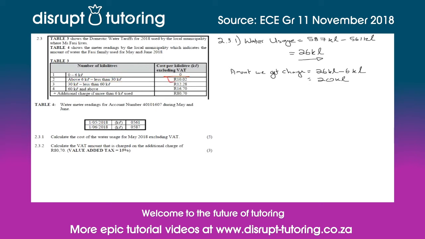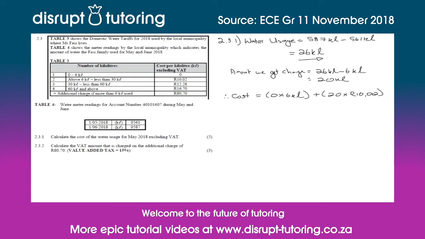That means we need to multiply the number of kiloliters used by 10 Rand and 2 cents to get its total cost. So our cost is equal to 0 times your 6 kiloliters plus your 20 times your 10 Rand and 2 cents.